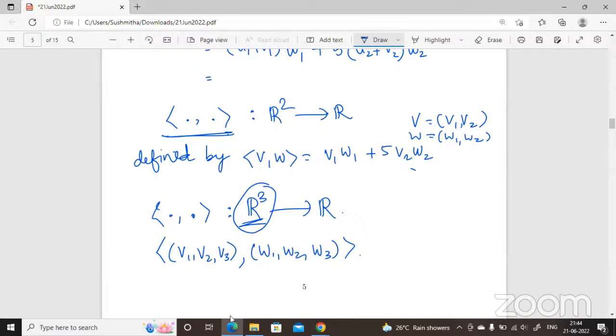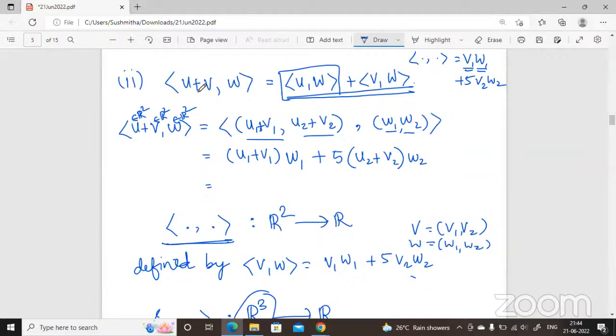So now let's get back here. U plus V comma W. Where is U plus V? R2. U is in R2, V is in R2, U plus V is in R2, right?